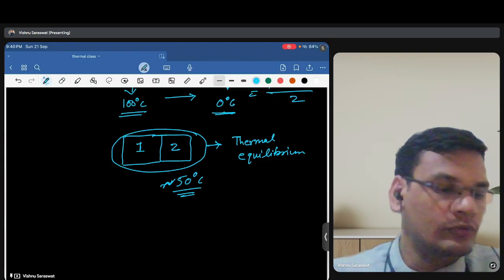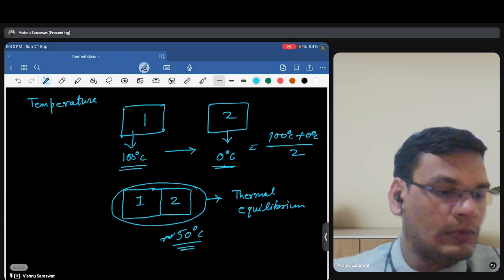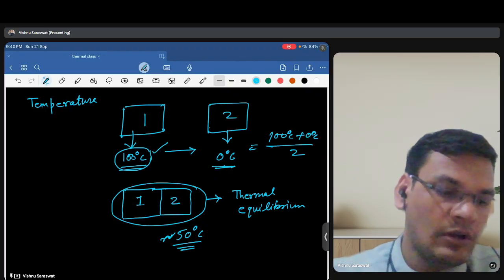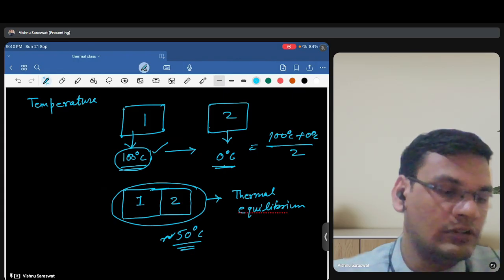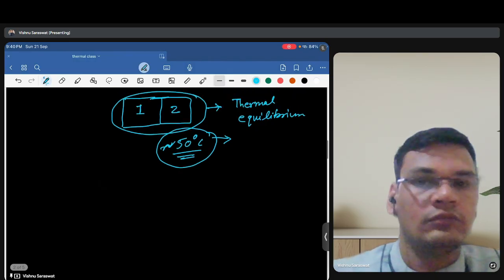In the first case the first body is at 100 degrees Celsius, so heat flows from the first body to the second body. But when both bodies are at the same temperature, there is no heat flow. That means if the whole system is at 50 degrees Celsius, there is no heat flow between the bodies.